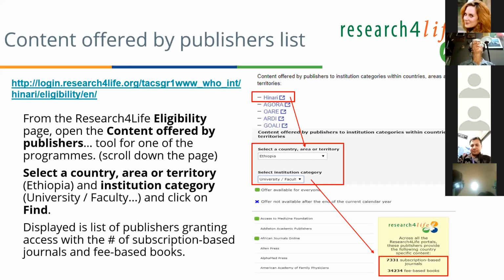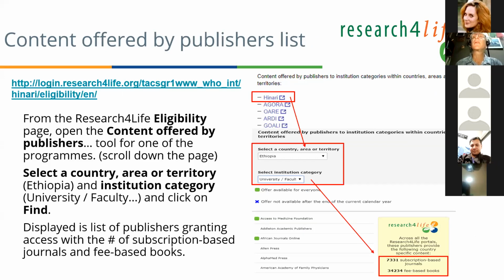Content offered by publisher lists. This is another complicated list. You go to the eligibility page on the bottom of any of the programs, bottom of Hinari. You click on Hinari. You select the country. I've selected Ethiopia. I've selected an institution or category, university, faculty, and it will again list all the publishers you get.